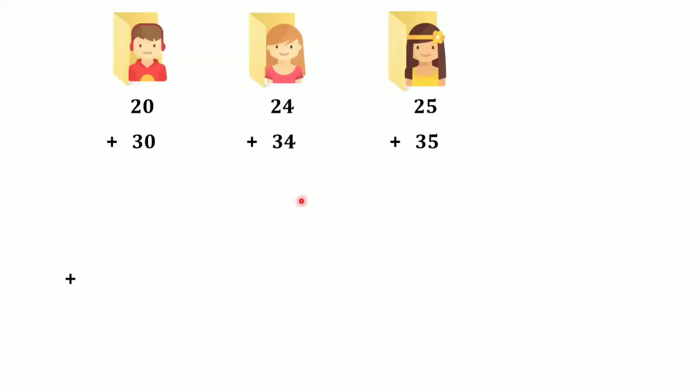Now there are three friends, a boy and two girls, and they went to a hotel and ordered breakfast like tiffins. This boy ordered two food items: one plate of vada and one onion dosa.